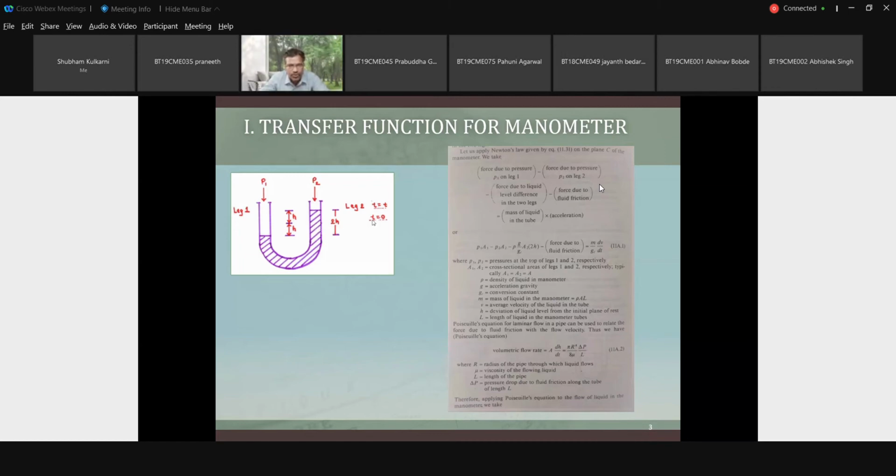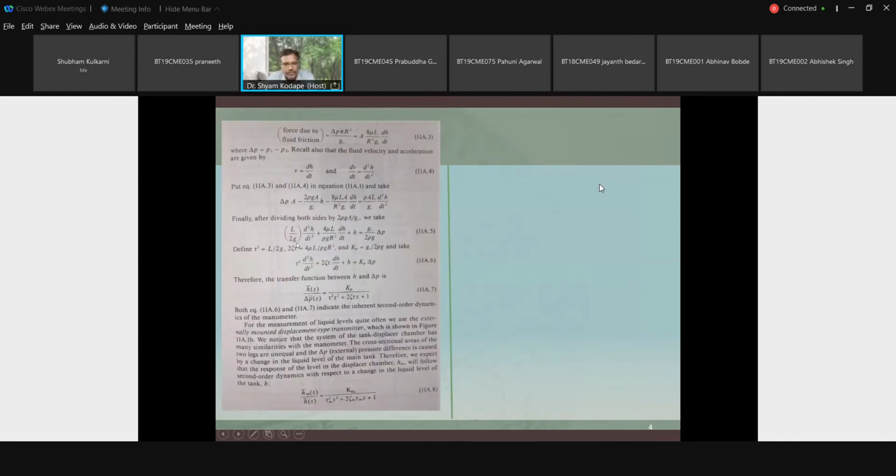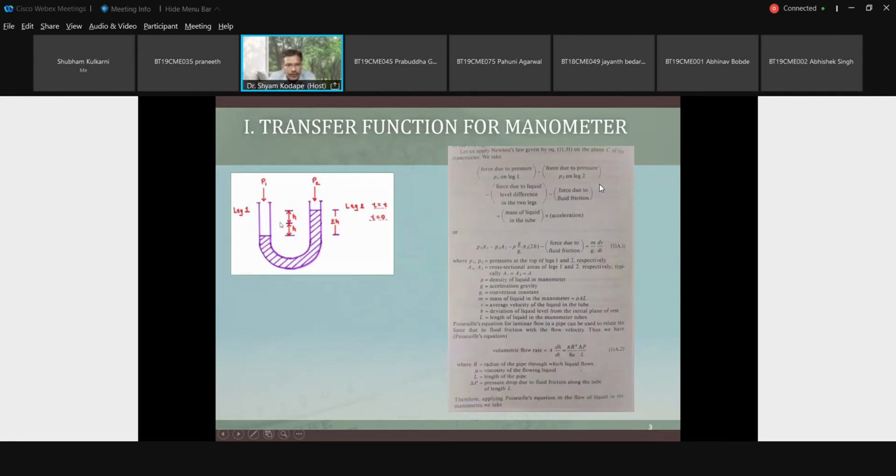At time t is equal to 0, the liquid level at leg 2 was here, and the liquid height in leg 1 was here. Agree? But suddenly when P1 increases by some value, whatever it will be, what will happen?